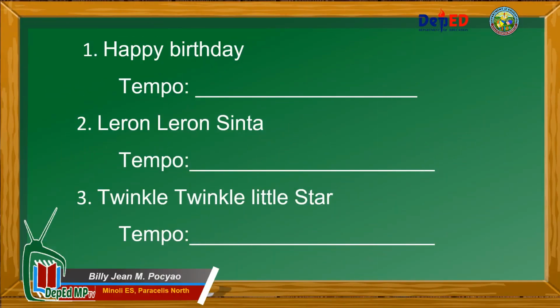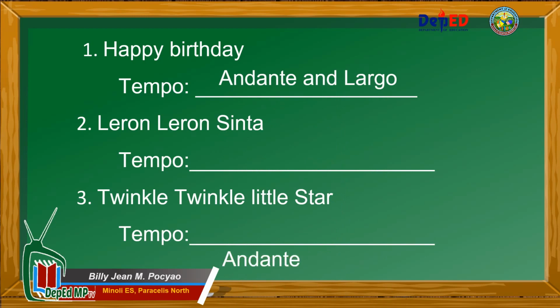The tempo for number 1 is andante and largo. The tempo for number 2 is andante. And the tempo for number 3 is allegro.